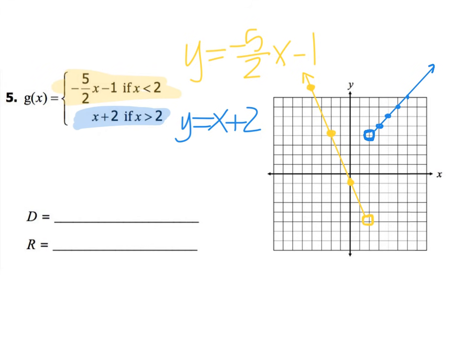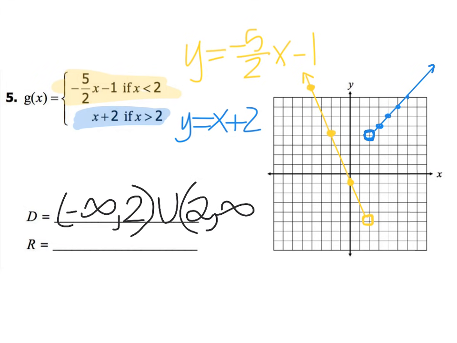So therefore we have to write our domain in a certain way because we're not including 2 in our domain. It skips over it both times because there's open circles. So how we would write that is we would say from negative infinity to 2, and we're not including 2, so we use a parenthesis, union, not including 2, so we use a parenthesis, to positive infinity.